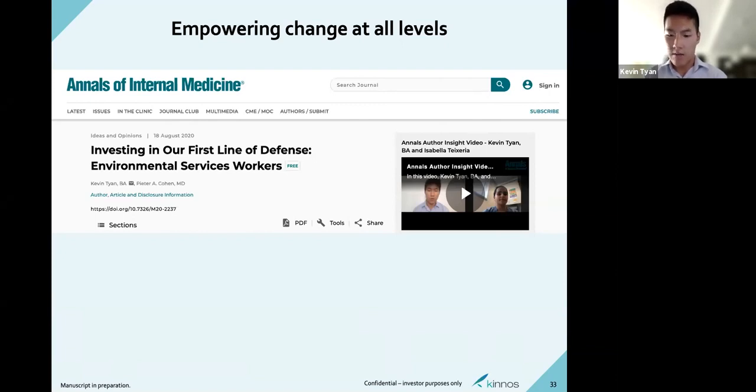I noticed this during my hospital rotations at CHA, and during the pandemic, I helped write a perspective in the Annals of Internal Medicine to focus on empowering and shining a light on our EVS workers. We hope that tools like Highlight can continue to empower EVS workers to take pride, be more confident, and do a better job at protecting patients.